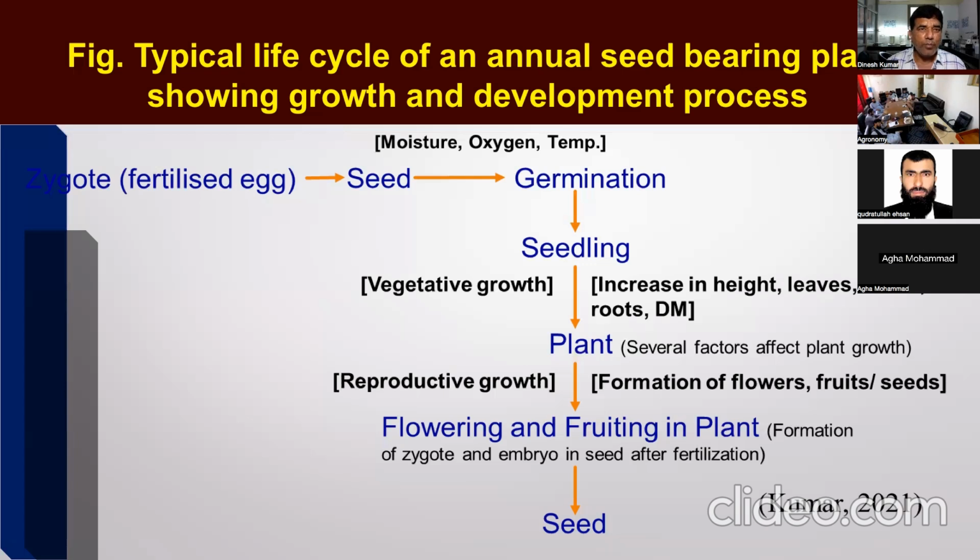We want to supply these factors so that we get good growth, and then by good growth, we can get good yield. Therefore, we should understand what the factors are that will affect this growth. Several factors will affect this growth.